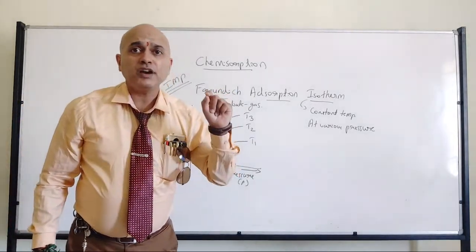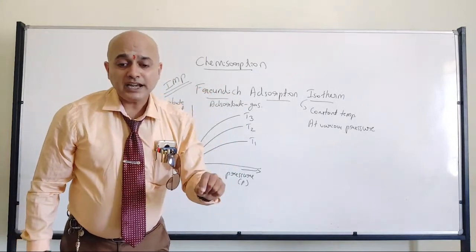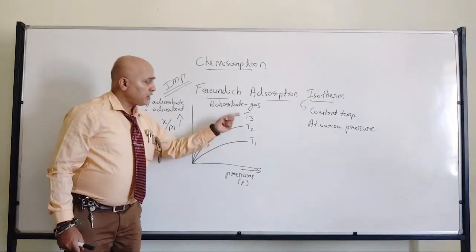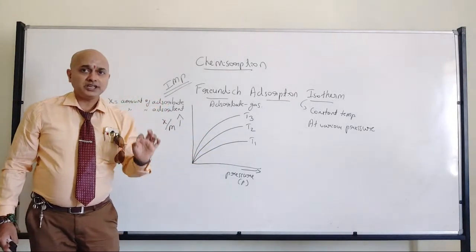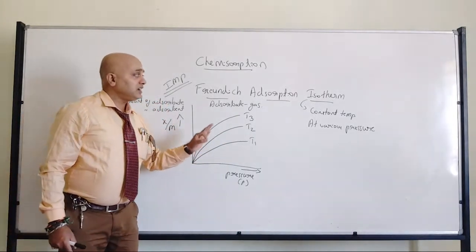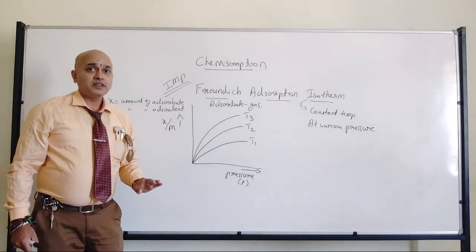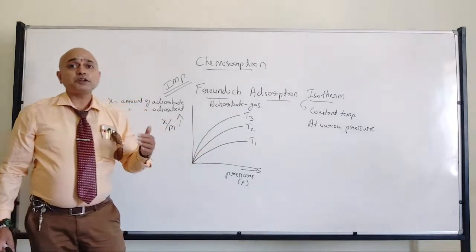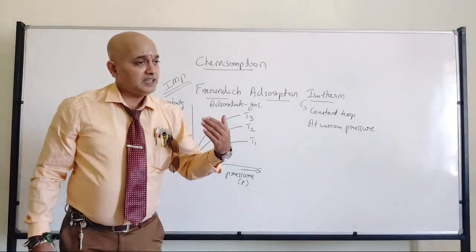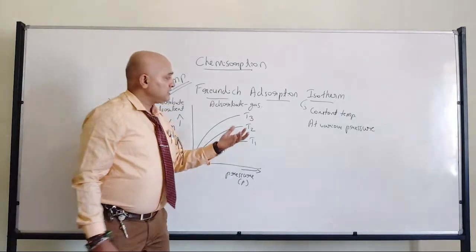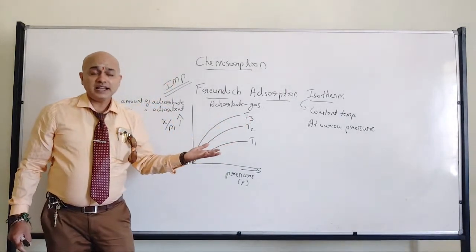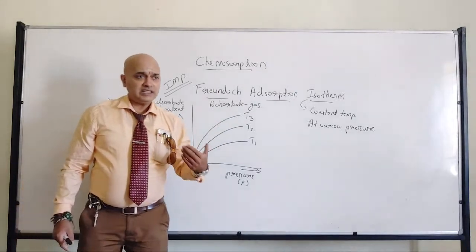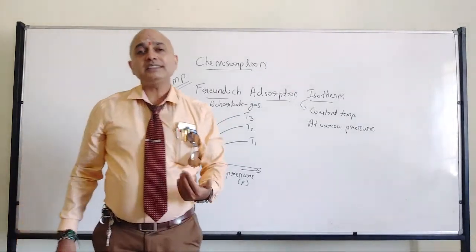Please remember, if you are not understanding, I am ready to explain it once again. Now, whatever graph is there, my question is, if we are dealing with physisorption, what is the relation between T1, T2, T3 with respect to their values? Which is the highest value among these three: T1, T2 or T3?